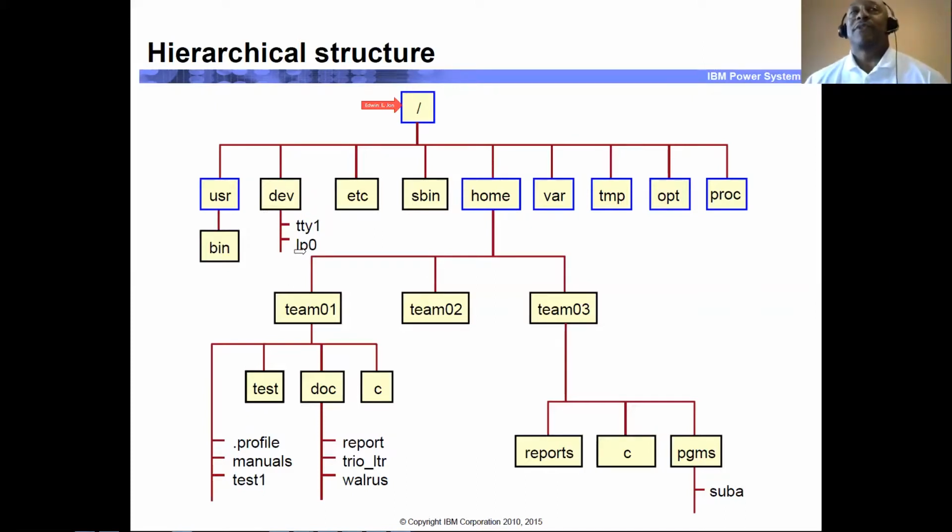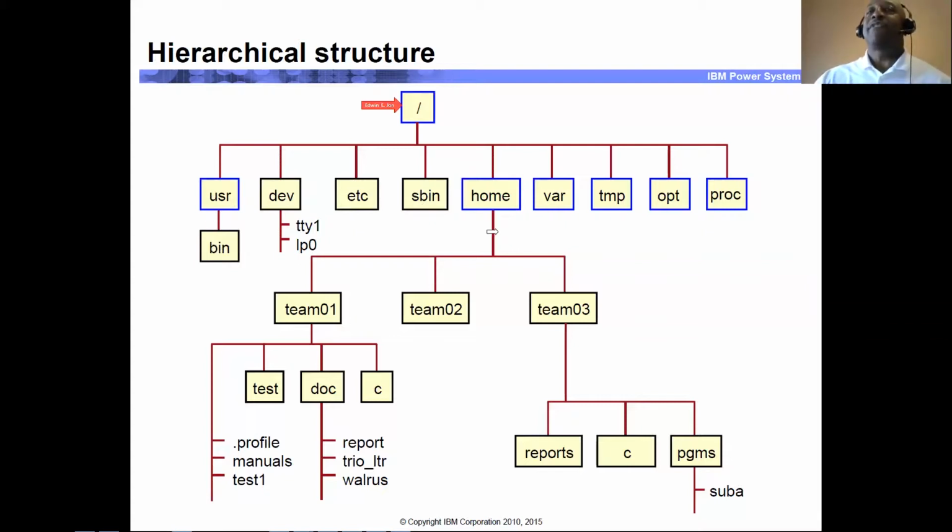If a device has a device driver loaded, it will have an entry within the /dev directory. Then we have /etc, not a file system, but a directory directly under root. The system binaries or /sbin directory under root. There's also a binary directory under /usr.